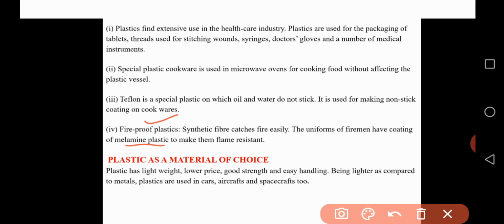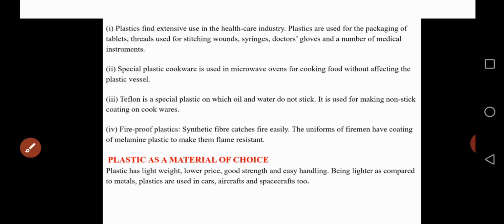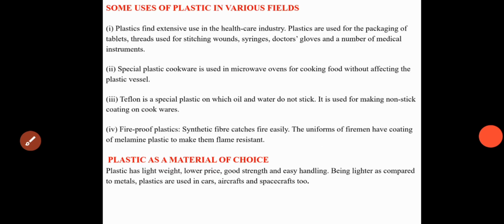So these are some basic uses of plastics in various fields. Particularly, we are using plastics in three fields. In the healthcare industry we are using plastics, and also in plastic cookware.